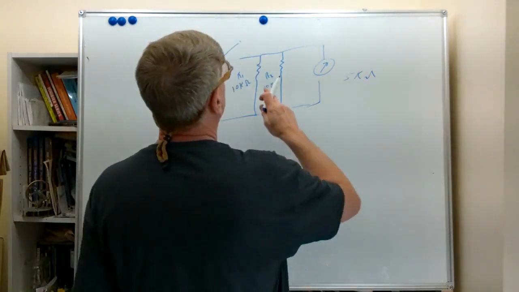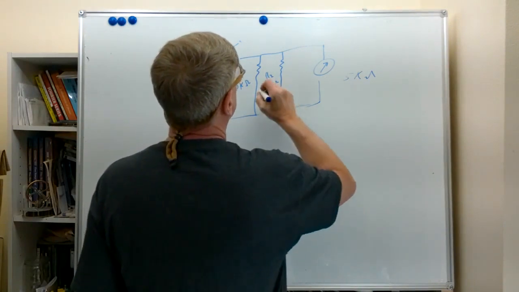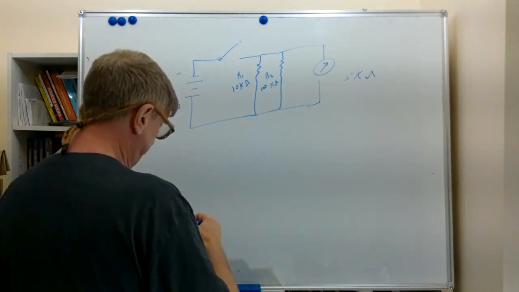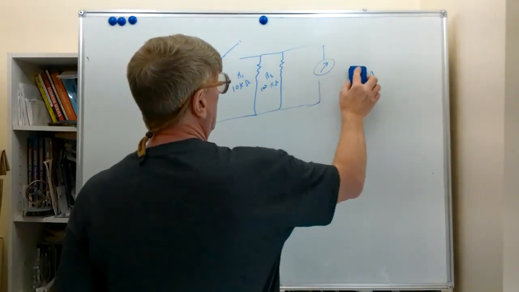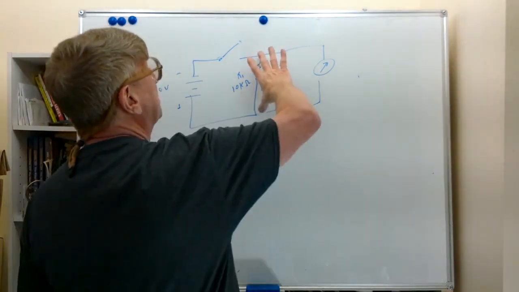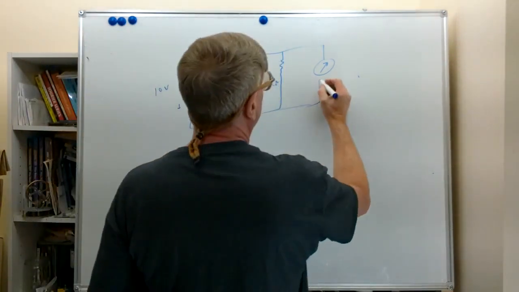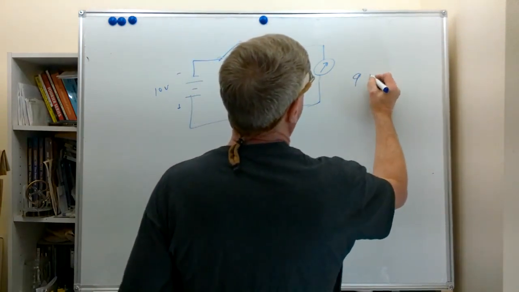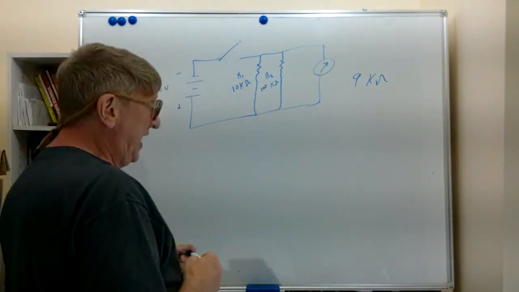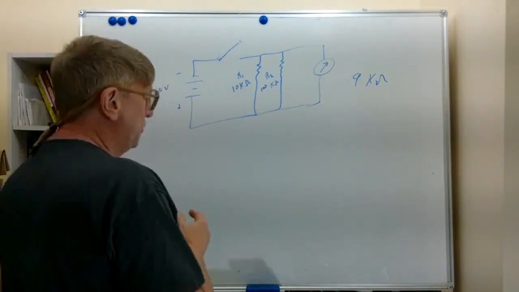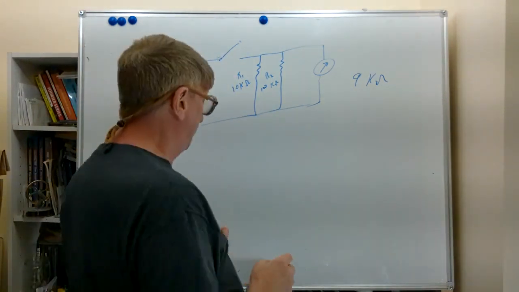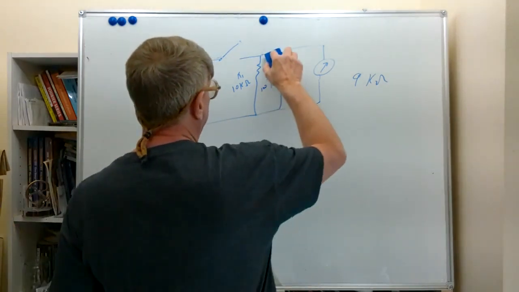But let's just say that this was a 100 k ohm. Well, we're obviously going to get something less than 10 k ohms because that's the minimum. I haven't done the calculation, but we'll say we read 9 k ohms. Doesn't really tell us much about that resistor. So basically, if you want to read the value of a resistor, it's pretty much best to take it out of the circuit.